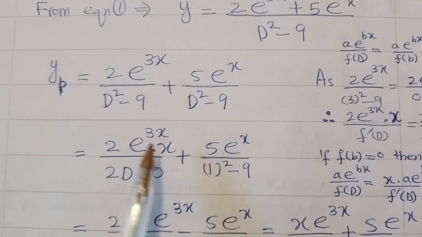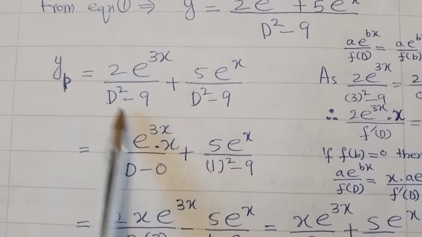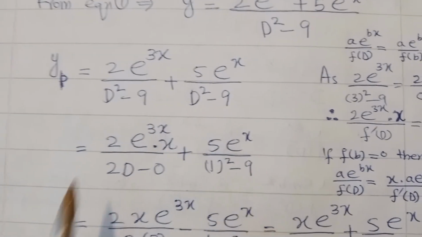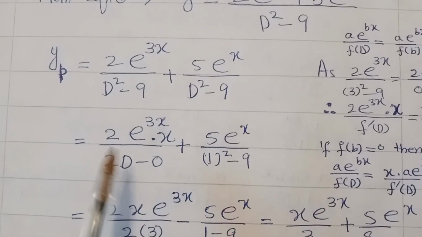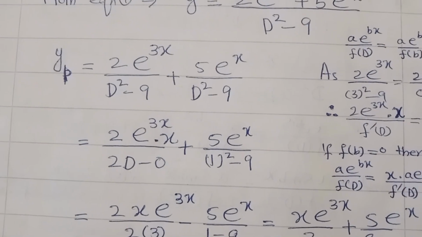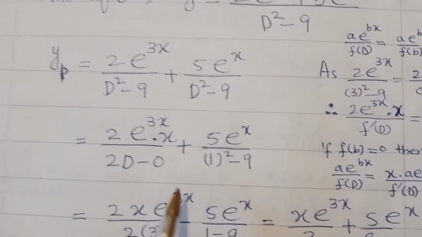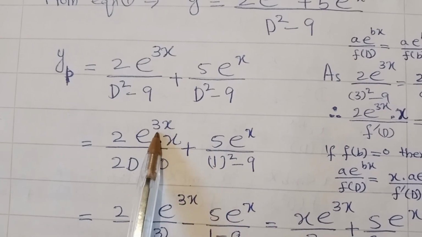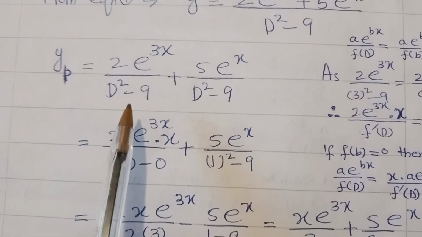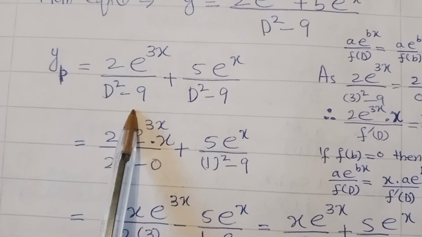What is the other rule? The other rule is that we must differentiate the denominator. After that, we multiply the entire factor by x, so this factor 2 exponential 3x will be written with x multiplied, and the denominator will be differentiated with respect to d.